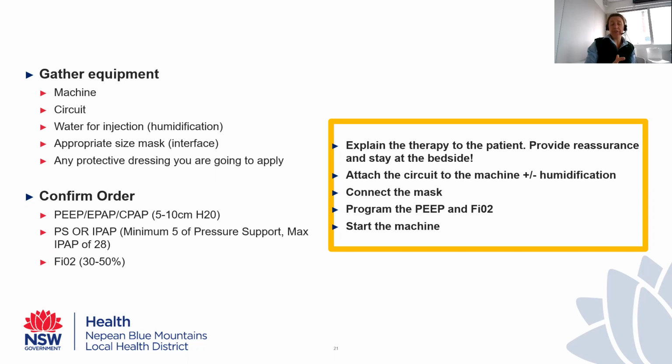And again, our FiO2, between about 30 and 50%, would be normal for a ward-based setting. Obviously, we can go up to 100%, but again, it would be around the suitability of individual patients in terms of their location and where they're most safely cared for when they're on those higher levels of oxygen. All right, so you've got your settings, you confirmed your order.